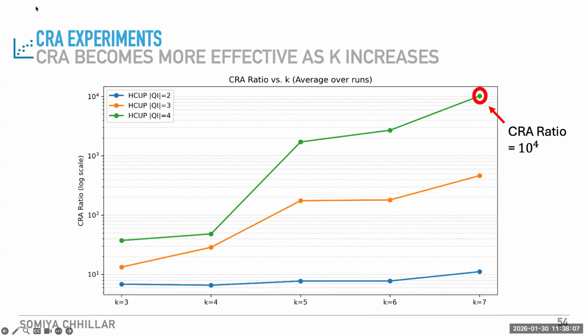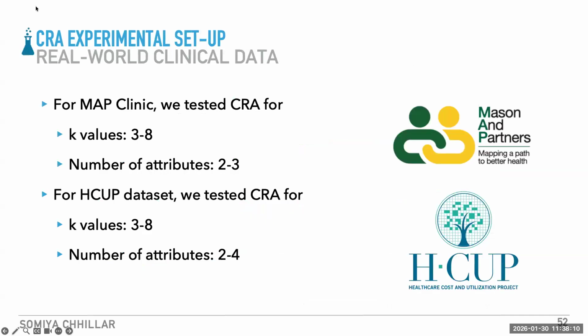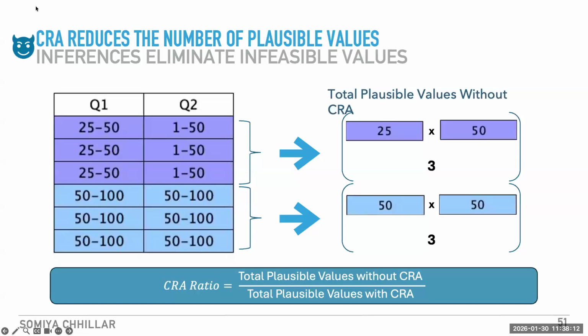Sorry, can you go back to the definition of the ratios? Yes. Plausible values means values of what the actual attribute value is, what the value of the record would be.